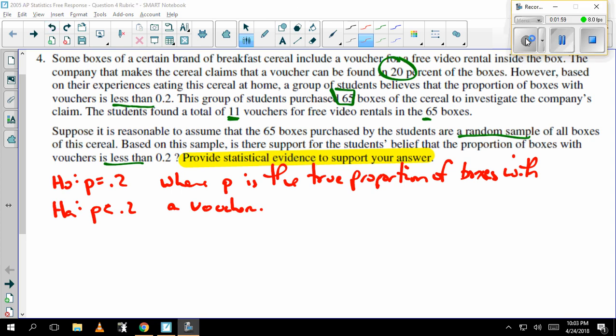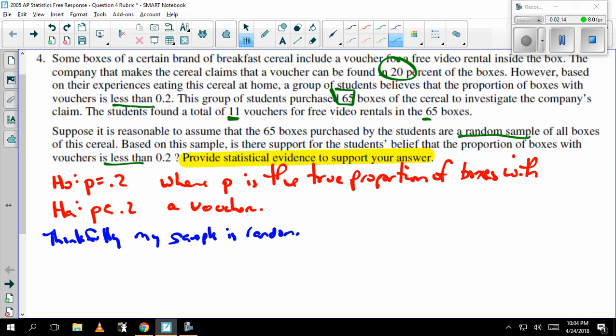Next, we want to check the conditions for the test, and it says we have a random sample, so thankfully my sample is random. That's this part here, random sample. Secondly, we need to make sure that the 10% rule is met so that the boxes are independent.